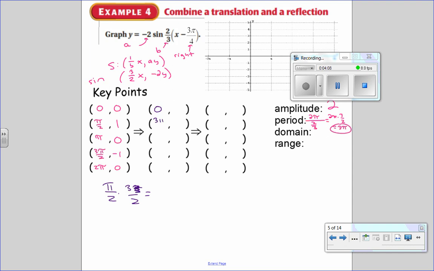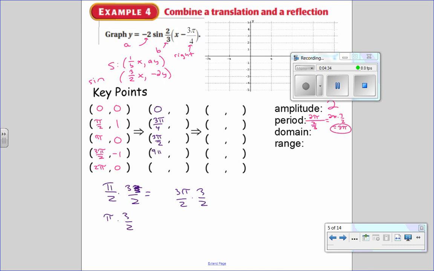Man, having trouble thinking today. Okay. Sorry, I should just start myself over. 3 over 2 times pi is 3 pi over 2. 3 pi over 2 times 3/2 is 9 pi over 4.